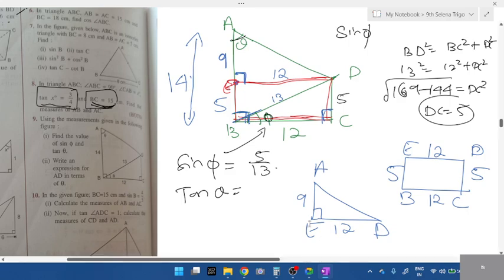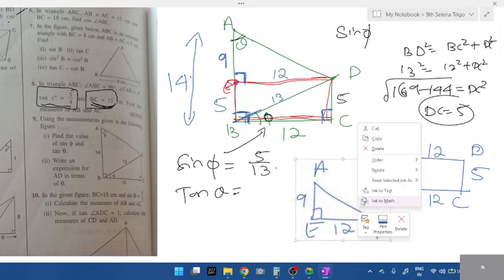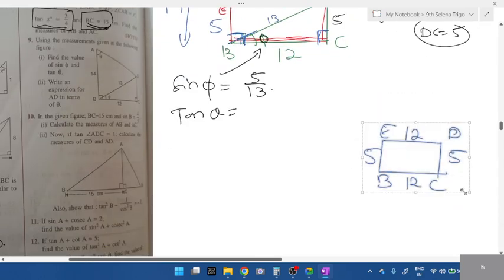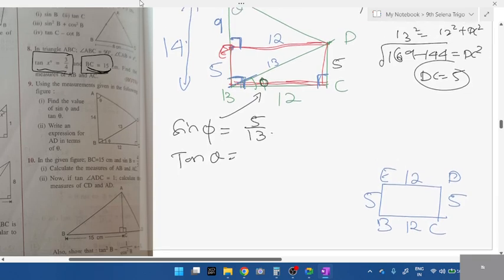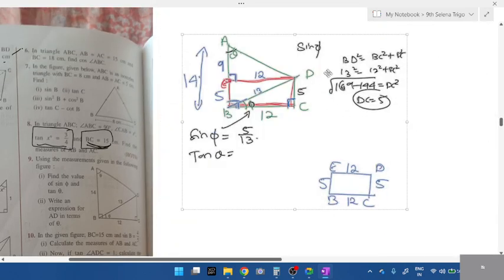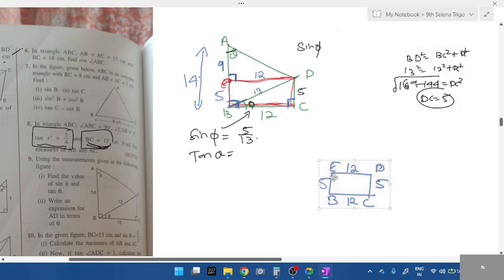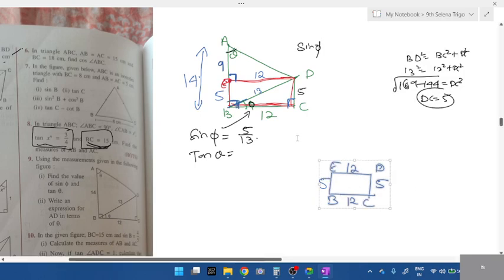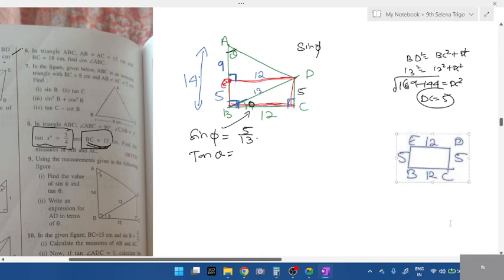Okay, let me write it. See, for tan theta, right?